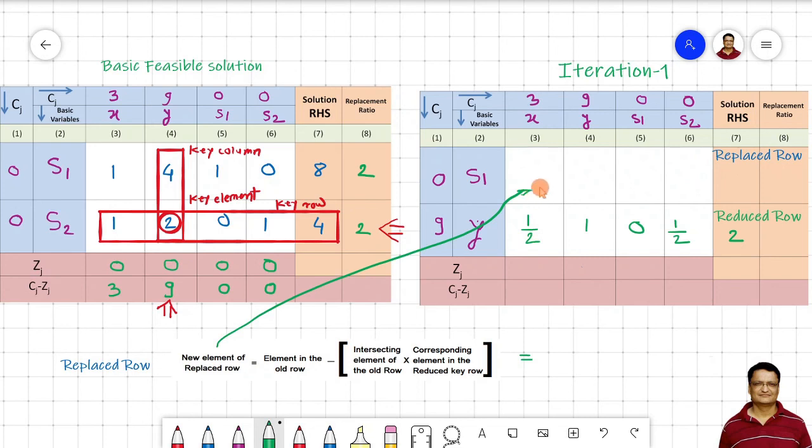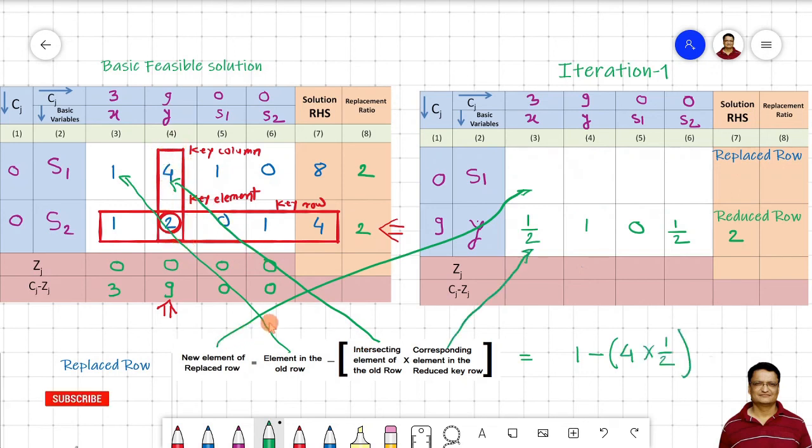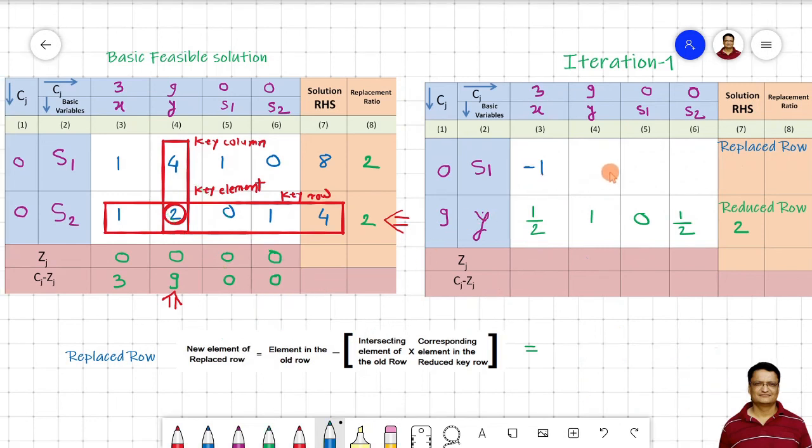So this element is given by the element in the old row for the same position, which is 1, minus, in brackets, the intersecting element 4, which is corresponding to this key column, times the corresponding element in the reduced key row, which is 1 by 2. So if we put all these values in this formula, we get the value of minus 1. Similarly, we can evaluate the values for these remaining positions.